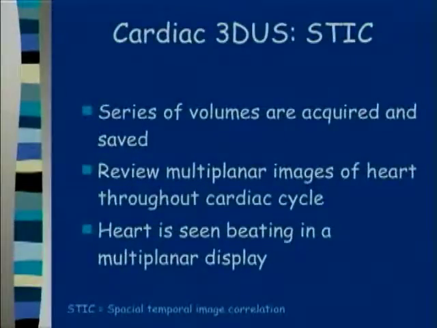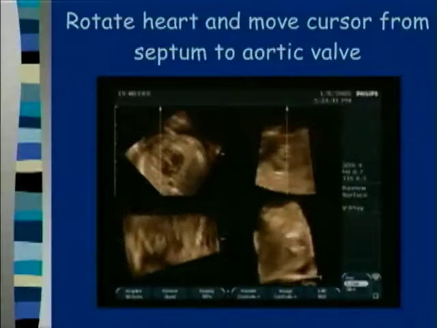So cardiac 3D is done predominantly using STIC, or spatial temporal image correlation. This is a technique where there's a series of volumes that are acquired and saved, and then they're reviewed in their multiplanar images of the heart throughout the cardiac cycle, and it appears that the heart is beating in this multiplanar display.